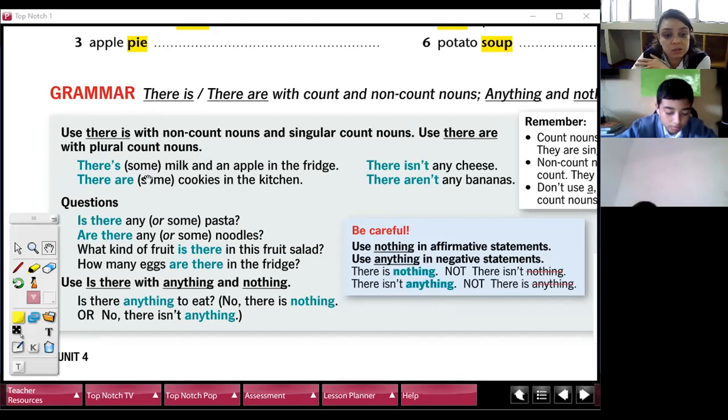So with that, we use there is some milk, and apples in the fridge. There isn't, it's a negative, right? There isn't any cheese. In plural, there are some cookies in the kitchen. Why are? Because the cookies you can count, right? There are some cookies in the kitchen. There aren't any bananas.